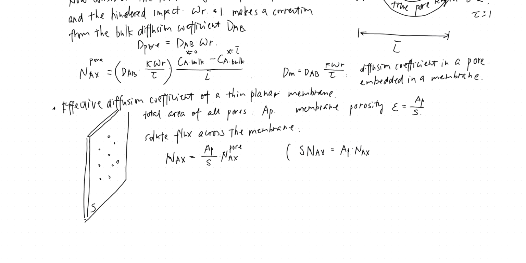So you can also derive NAX from these values. You plug in the expression for the flux in the pore. We get DAB multiplied by AP divided by S multiplied by K omega R divided by tau. And you have another term.